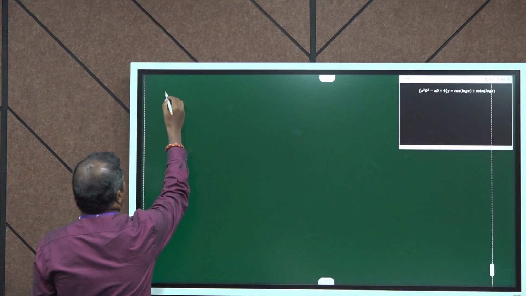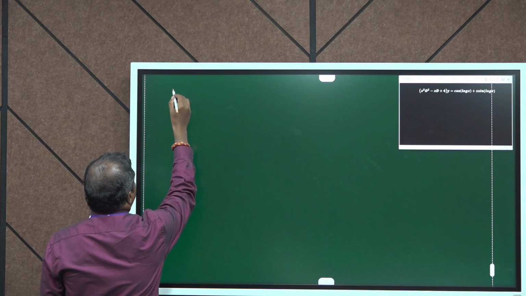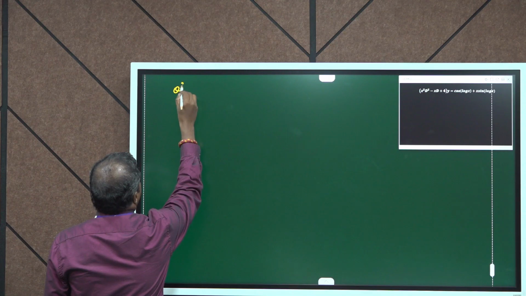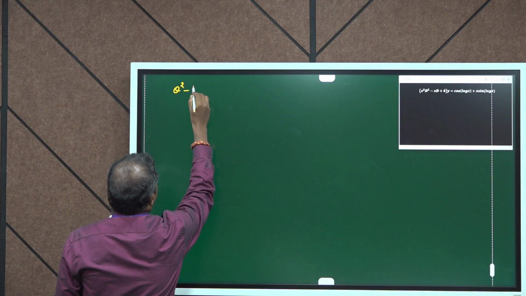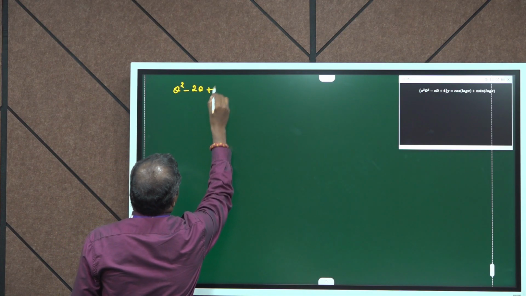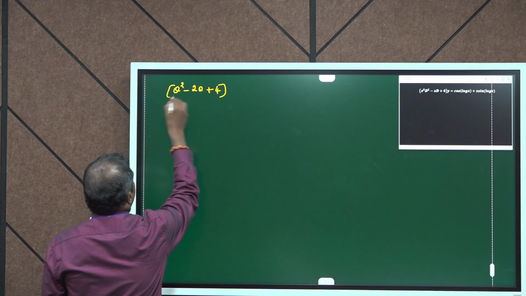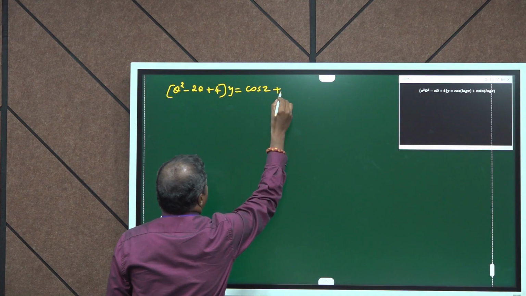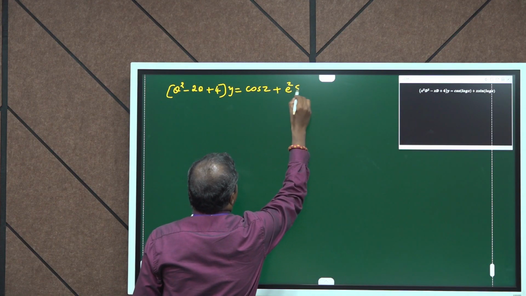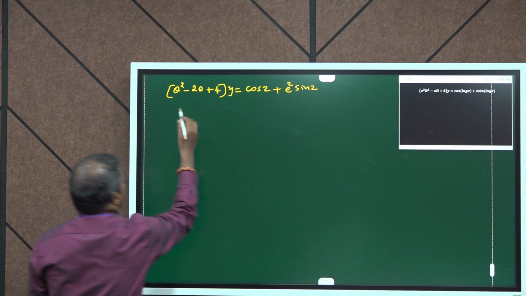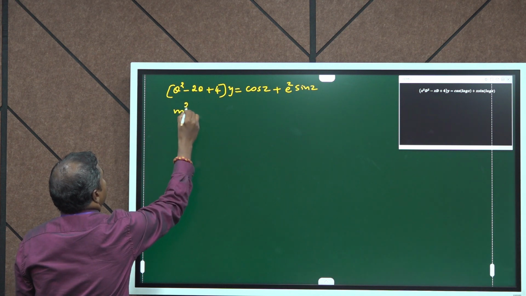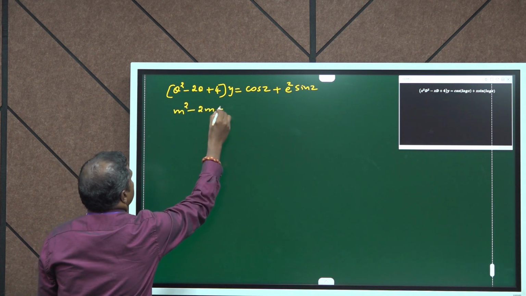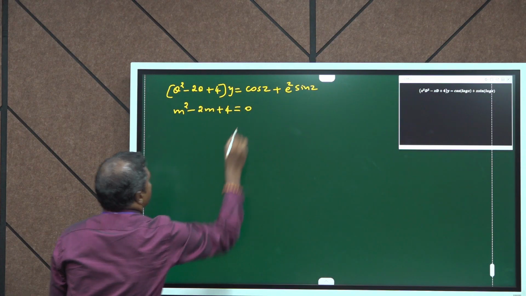So finally we arrived at theta square minus 2 theta plus 4 into y is equal to cos z plus e power z sin z. So the auxiliary equation is m square minus 2m plus 4 is equal to 0.